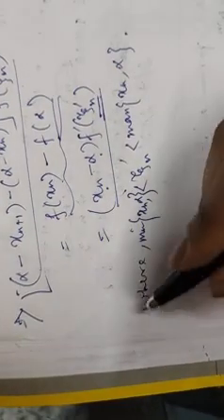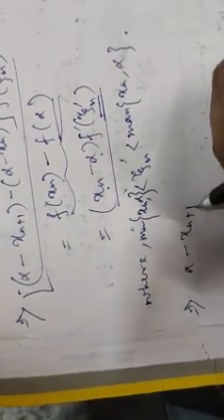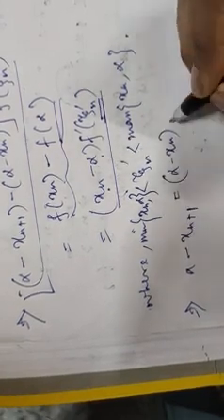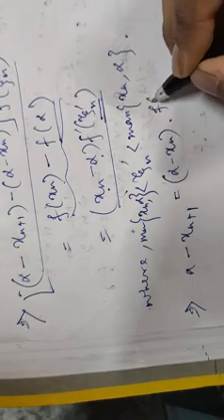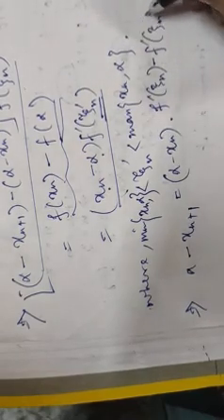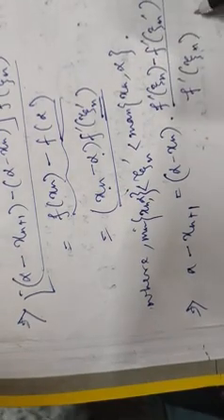So this value is equal to this. From there we can write alpha minus xn plus 1 equals alpha minus xn into f dashed xi n minus f dashed xi n dashed divided by f dashed xi n.